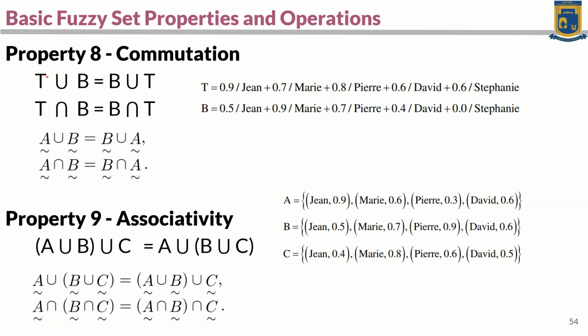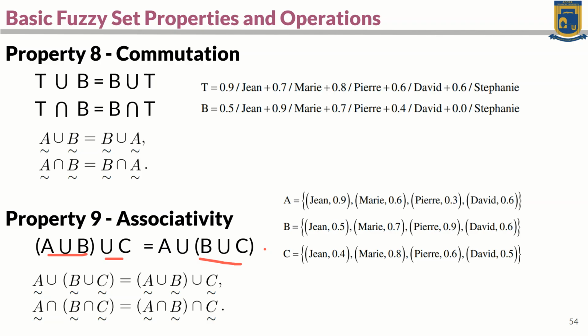I didn't ask you to prove any concept, but in an example I can give you to try, I can ask you to prove this. You just have to interchange it. So if you start with T union B, you just go B union T, and it gives you the same thing, commutativity. Then associative, as you can see, we find a union with one, then after that we come and union with the other one.